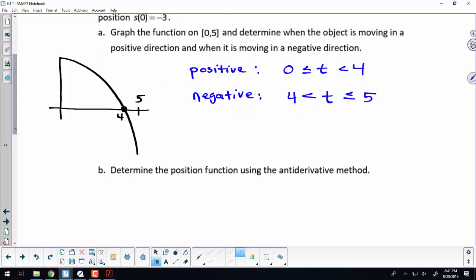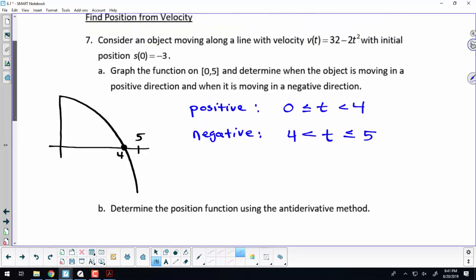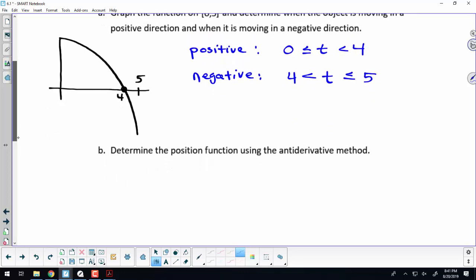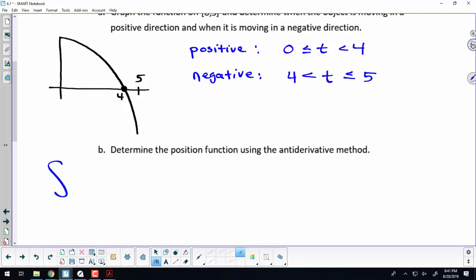Okay, so let's see, our function is 32 minus 2t squared. So to determine the position function using the antiderivative method, and if it specifies a method on the exam, you want to make sure you're using that method. If it doesn't specify, use either one you want. So the antiderivative method, we're going to take the antiderivative of our velocity.